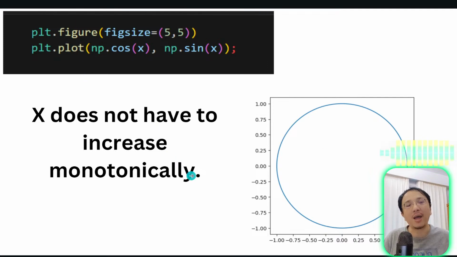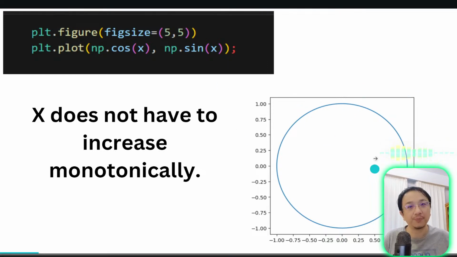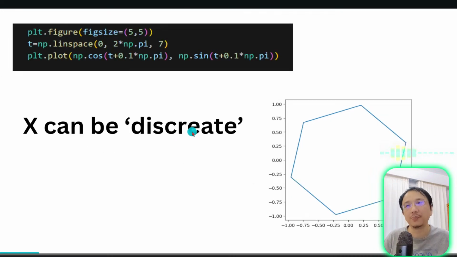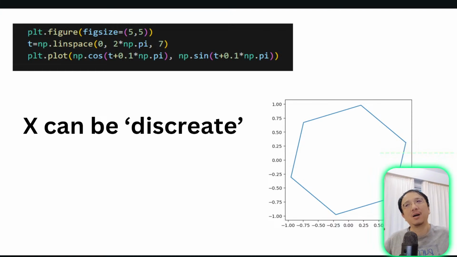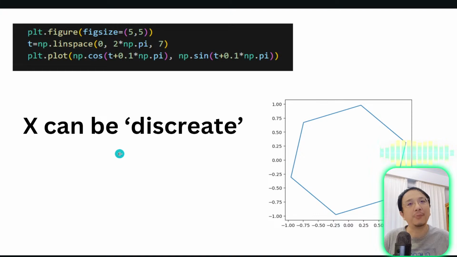Your X and Y can be arbitrary. Your X doesn't need to be monotonically increasing. It can be anything. So if we plot cosine x and sine x, it will definitely become a circle. And also, you don't need to actually plot a continuous function. If you use just 5 or 3 points, that circle can become a polygon.